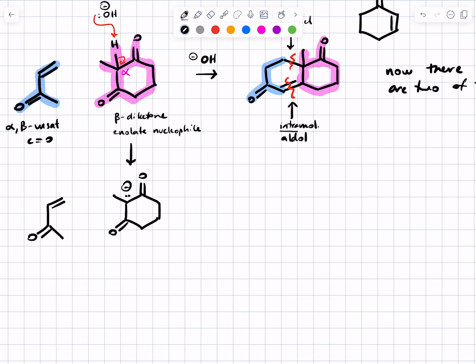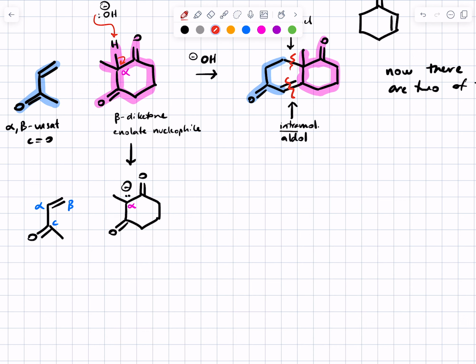Then we're going to do the Michael reaction, which, as you know, involves the pink alpha carbon of my enolate attacking the blue beta carbon of my alpha beta unsaturated carbonyl compound.